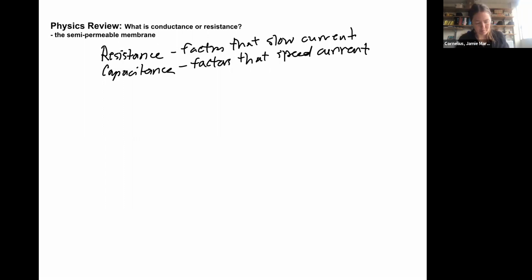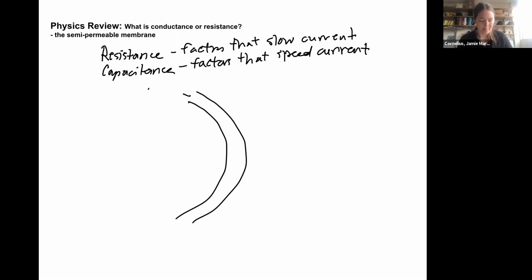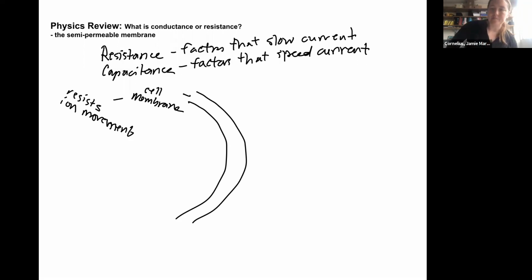Okay, so if we think about our semi-permeable membrane, this is our bilipid cell membrane. And this cell membrane is a really great resistor to ions, to charged ions. Hopefully the bilipid nature of the membrane makes it clear why, but essentially a charged ion is highly, highly hydrophilic.